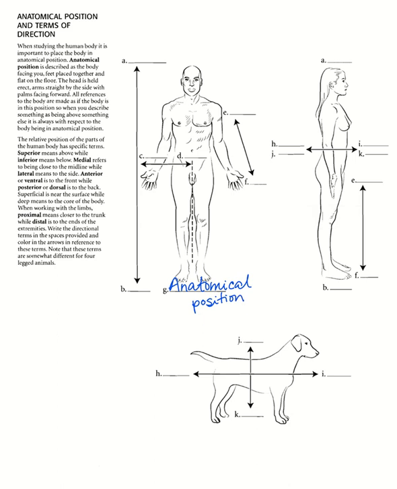It's important to be familiar with anatomical position because anytime you're reading an article or document about anatomy and they're talking about the individual's structures, they're going to talk as if the person is in anatomical position.